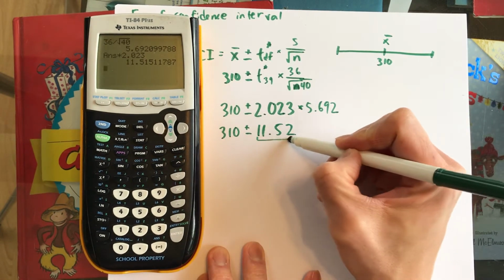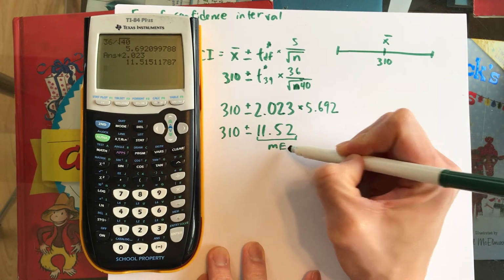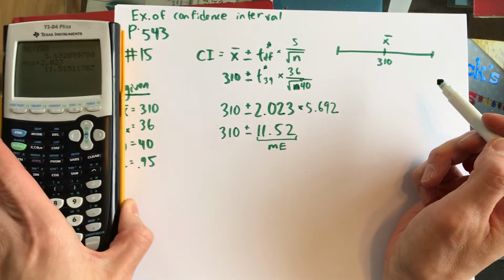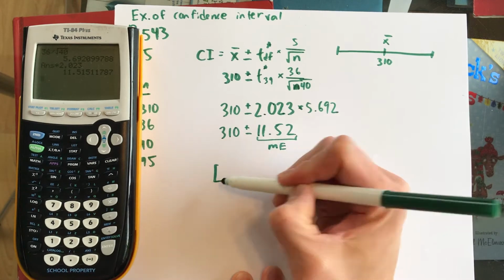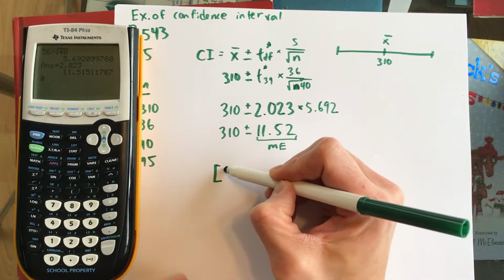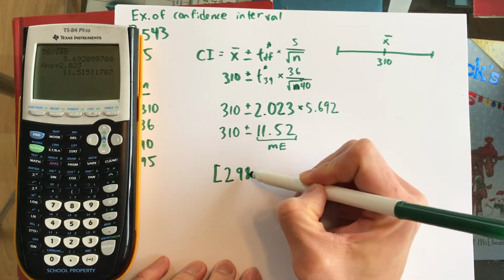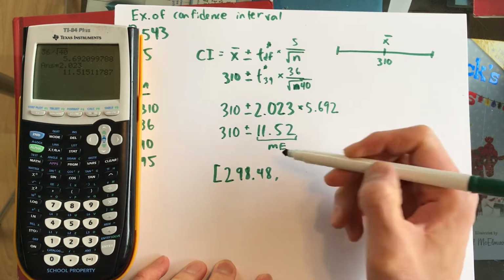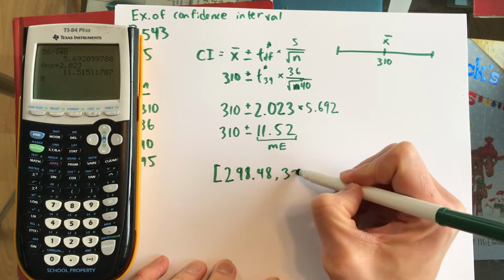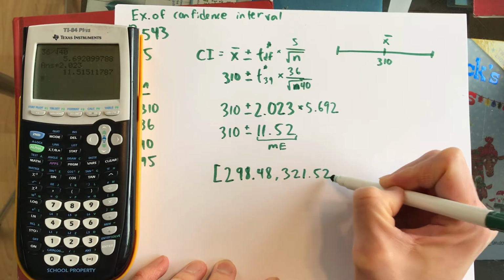Remember, this part right here is what we call our margin of error. Okay, so that means our interval is going to be 298.48, 321.52.